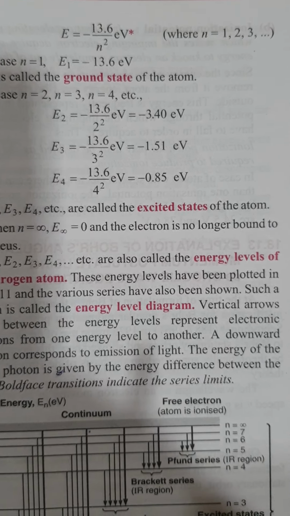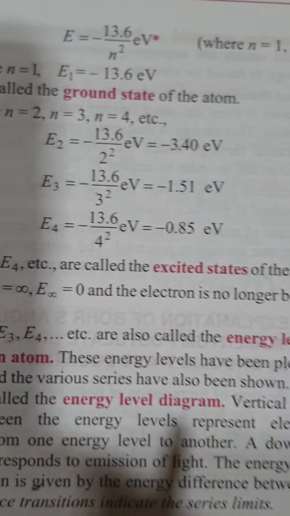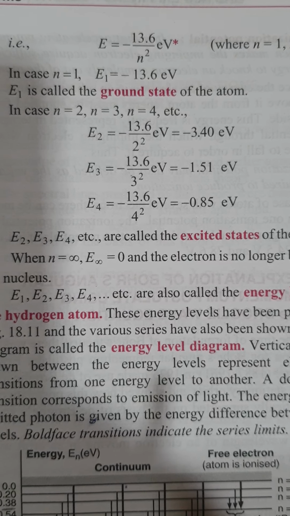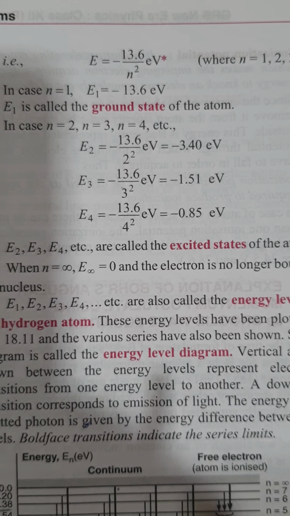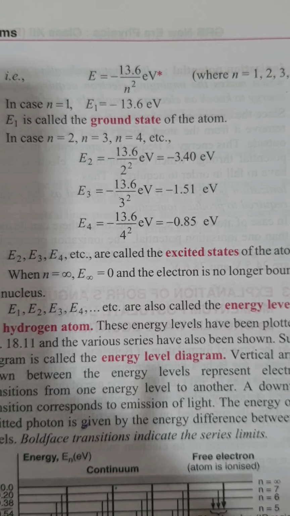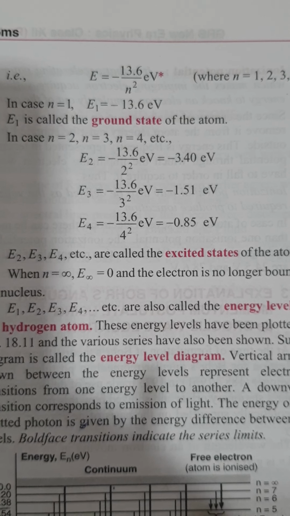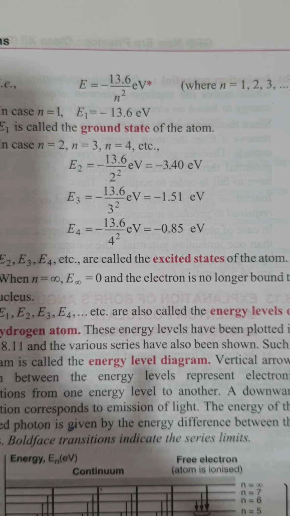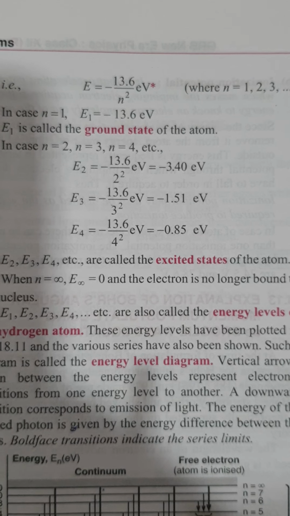So the energy in the first orbit of an electron in a hydrogen atom is minus 13.6. Then n equal to 2, 3, 4, 5 and so on are called excited states. Remember, only n equal to 1 is the ground state. All others are called excited states.